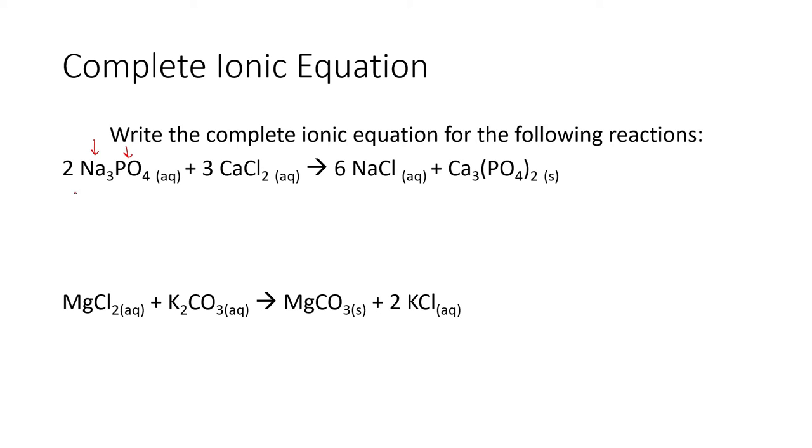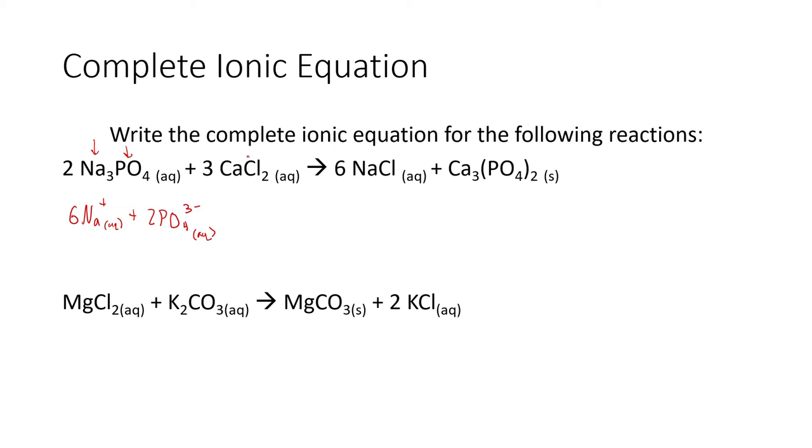We've got 2 sets of these, and each one is going to have 3 Na's, so we've got 6 total Na+, aqueous, plus 2 PO4s. Now, if we have 2 PO4s, we have a 6+ charge here. We know that this PO4 is going to have a 3- charge, and that's just working backwards from the other side.